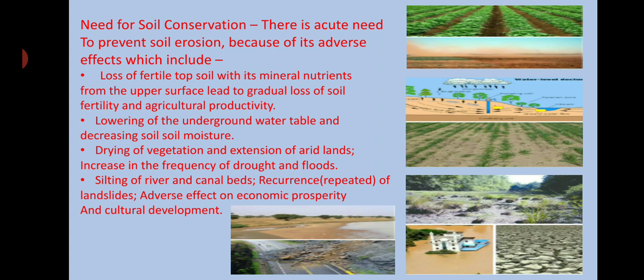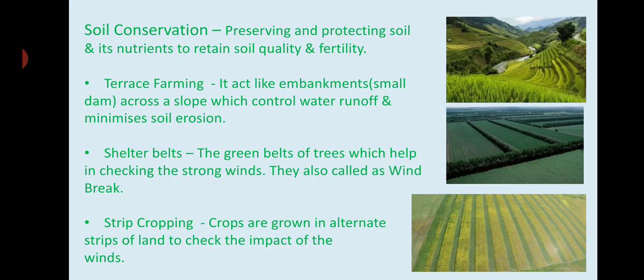So what we see over here is that due to this silting of the rivers and canals, and the continuous landslides because of the wrong way of carrying the land, it will directly affect our economic prosperity, and we will continuously be at a loss. And in cultural development, there will be no proper development of the culture over there.